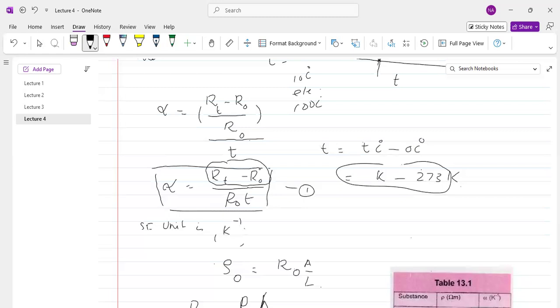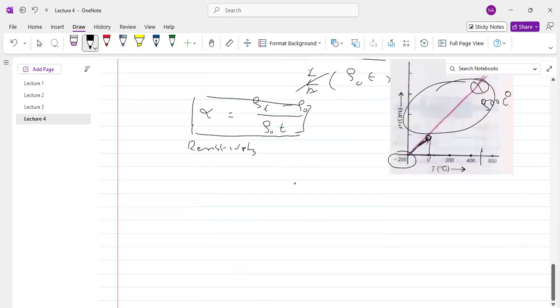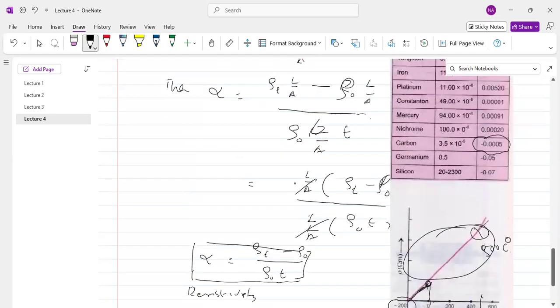It is possible that we have a material whose resistance decreases when we increase the temperature from 0 degrees C. Such materials are called materials with negative temperature coefficient of resistance. Tomorrow we will have some important applications of such materials. Always keep in mind the examples of such compounds. They can be asked in MCQs.